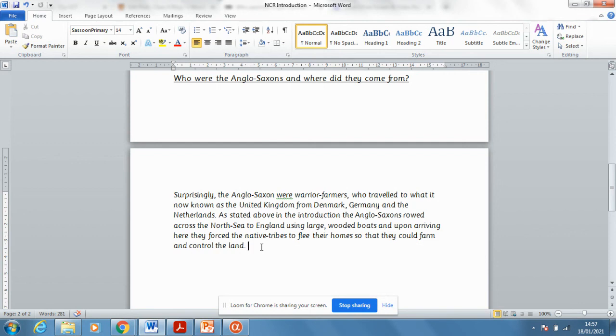To be on the safe side, I'd like you to avoid doing that. If you've got access to something like Microsoft Word, or if you're using an Apple device, you might have Pages. Please type up your work into those, or failing that, use the notepad on Seesaw.